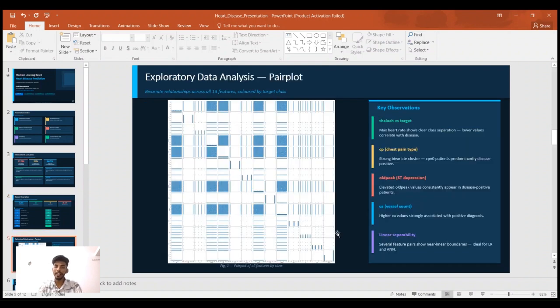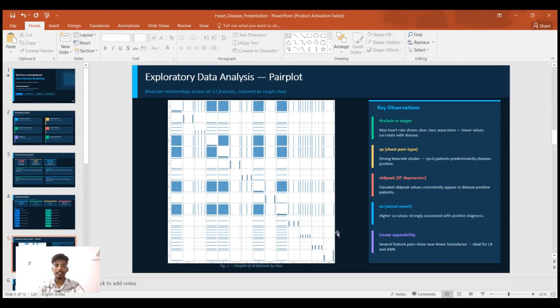In my exploratory data analysis, before applying machine learning models, I performed exploratory data analysis to understand patterns in the data. From the analysis, I observed that patients with lower maximum heart rate are more likely to have heart disease.